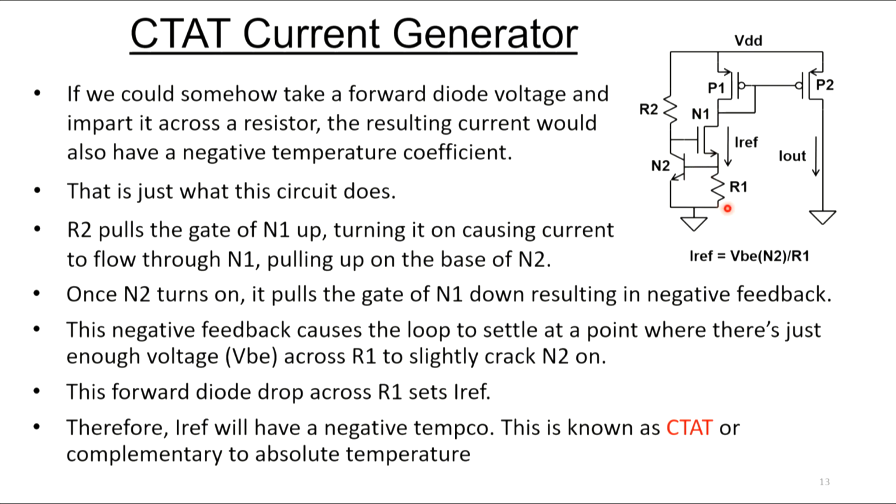So the current through R1 here is also going to have a negative temperature coefficient because it's going to track the diode voltage. This is known as CTAT, or complementary to absolute temperature. You'll often hear designers talk about CTAT, and all it means is a current or voltage that goes in the opposite direction to temperature. The voltage or current is going down as temperature is going up.